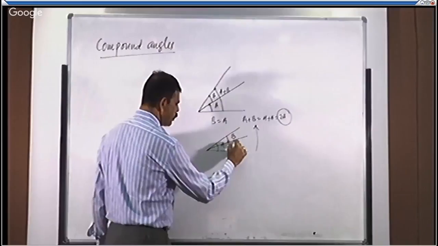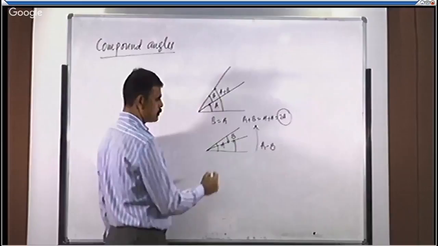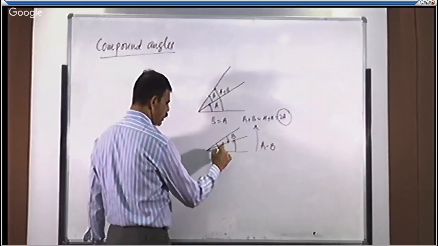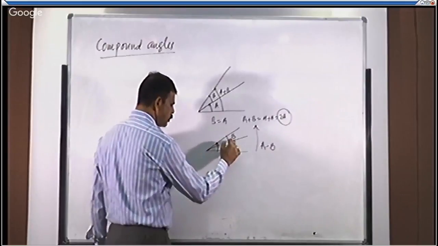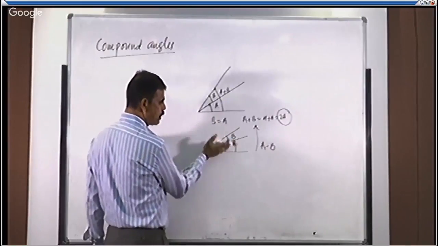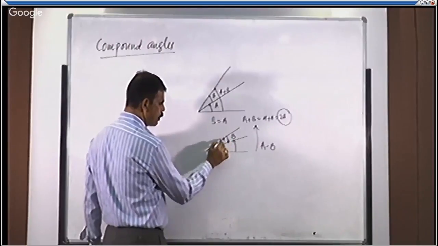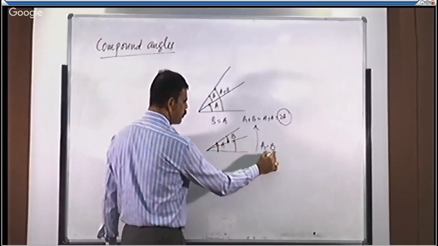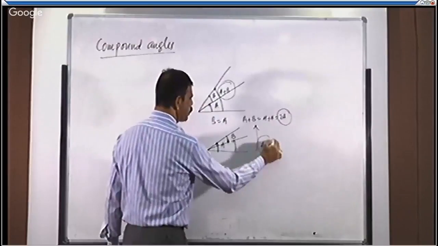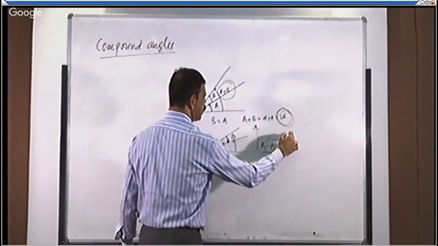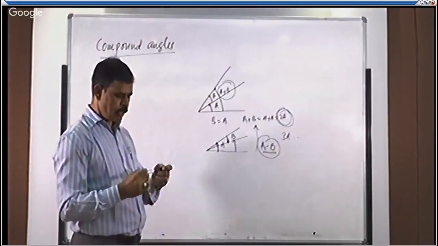The total angle will be A minus B. If the angle turned by the line is A, and the angle turned in the reverse, clockwise direction, we take it as minus. So the total angle is A minus B. This A plus B, A minus B, 2A, 3A, etc., are all said to be compound angles, right?